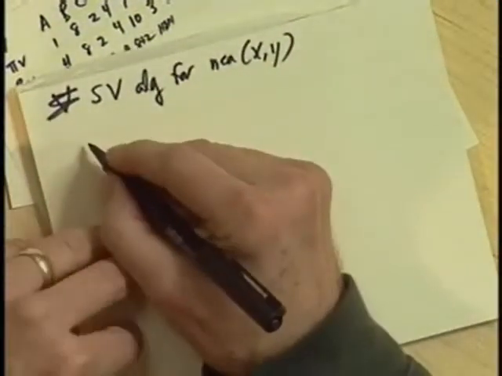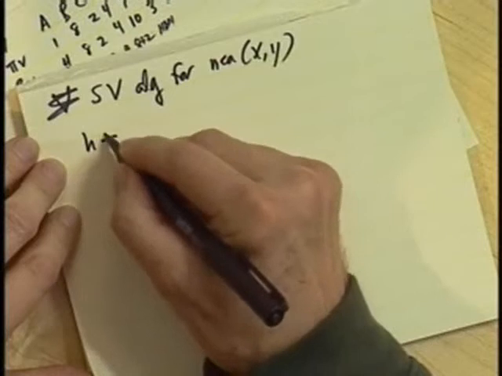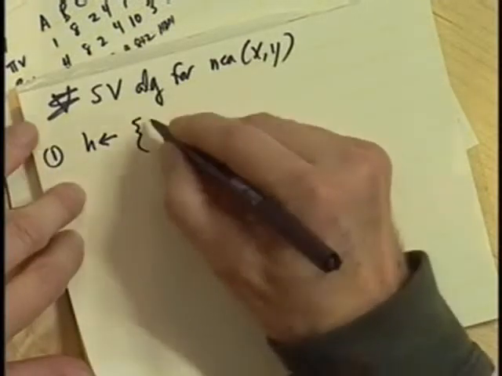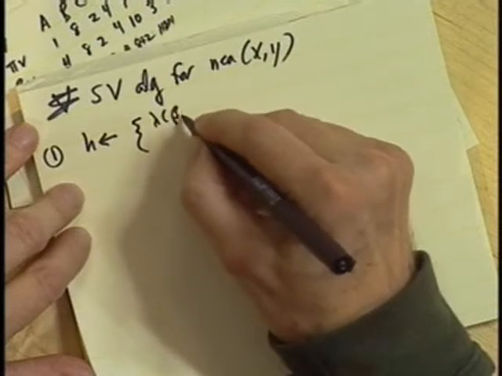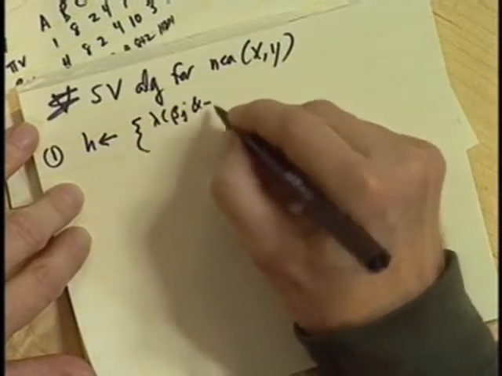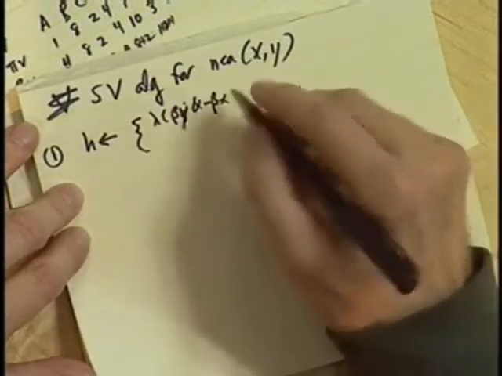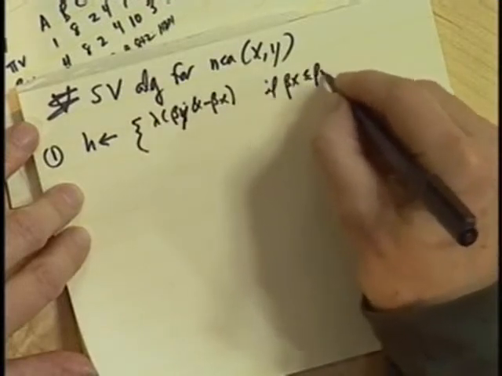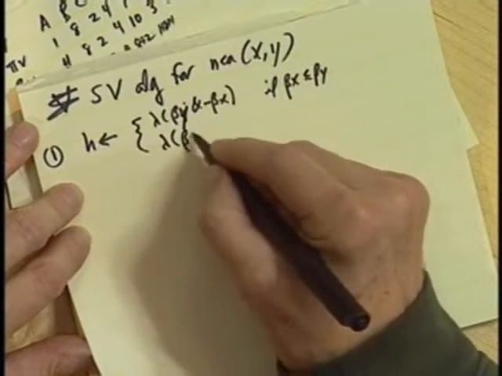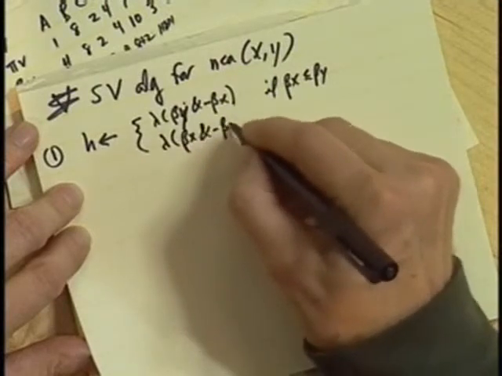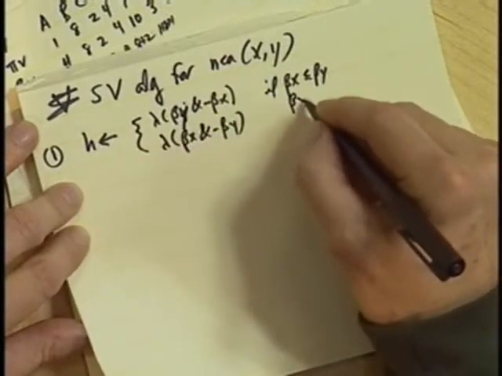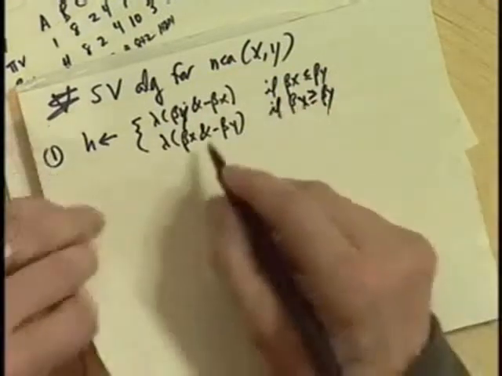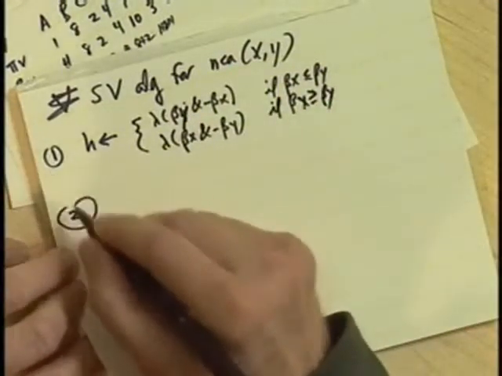The first step is to calculate h, which is equal to lambda of beta y ampersand minus beta y ampersand minus beta x, if beta x is less than or equal to beta y, or the other way around, beta x and minus beta y, if beta y is greater than or equal to beta x. Either one gives the same answer if they're equal.